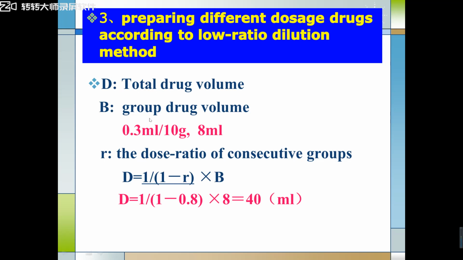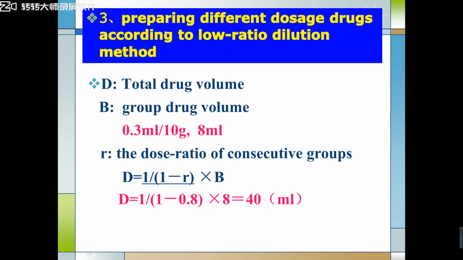B is the group drug volume. For example, later we will give each mouse 0.3 milliliter of drug per 10 gram, and one mouse is about 20 to 25 gram.